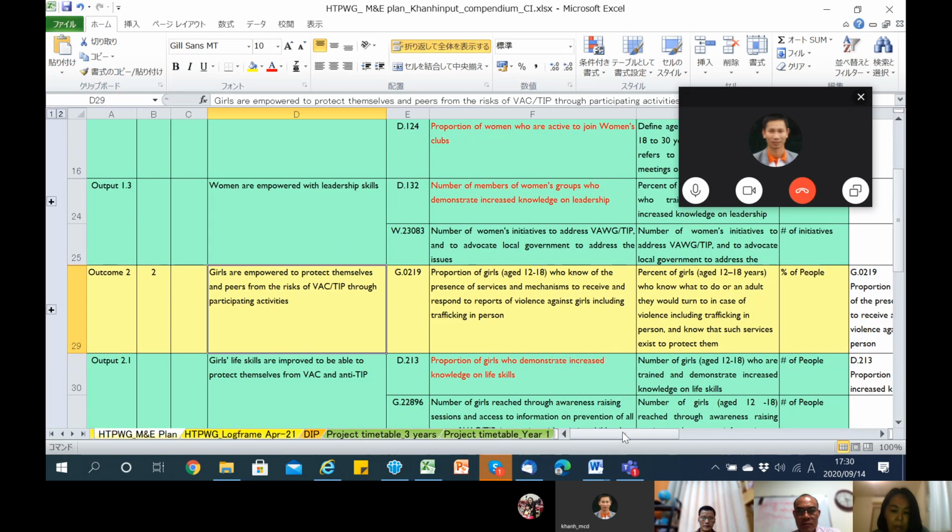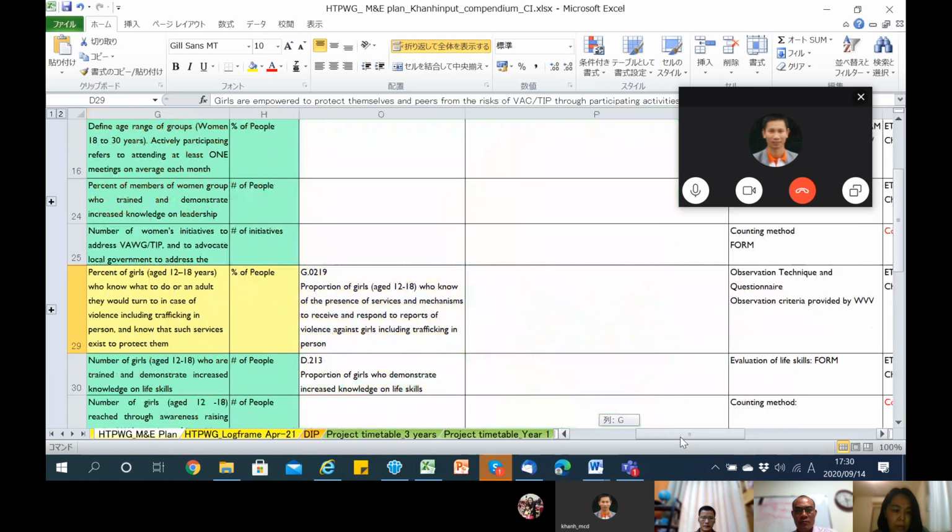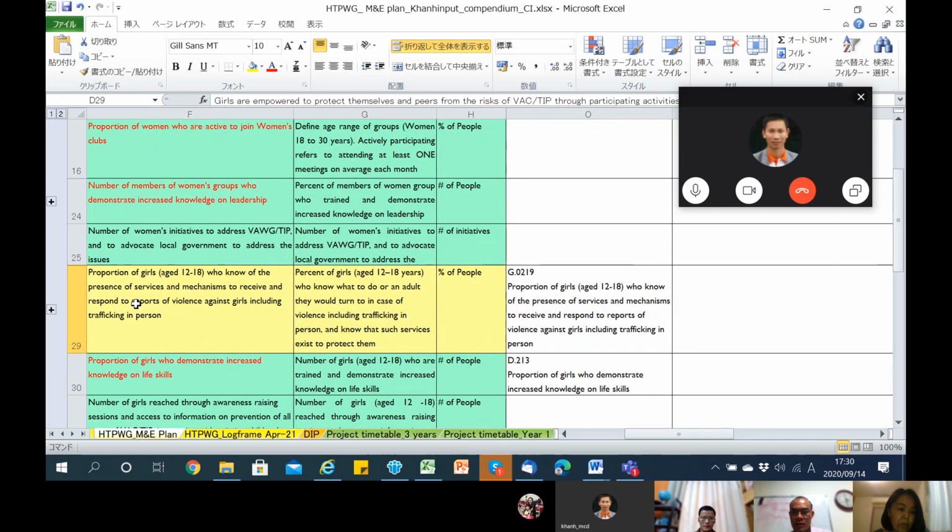The indicator is the proportion of girls aged 12 to 18, under 18, who know of the presence of services and mechanisms to receive and respond to reports of violence against girls, including trafficking in persons.